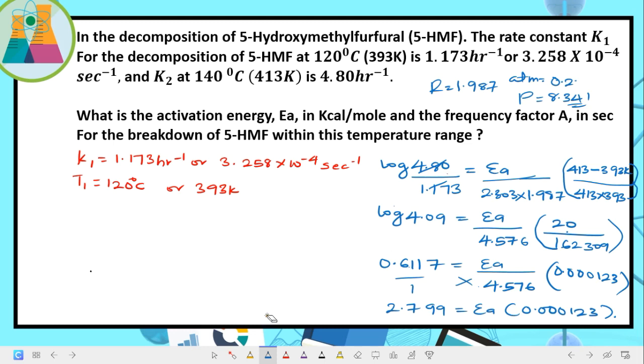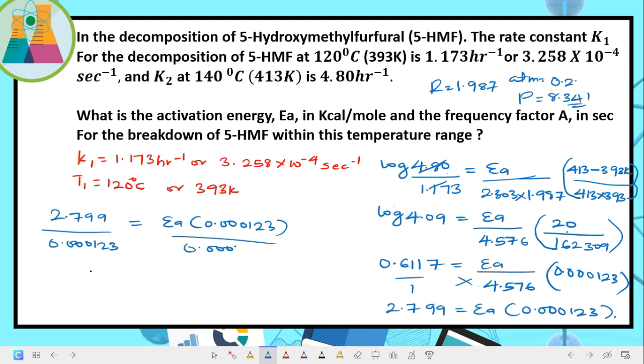So that will give us, use this to divide that, this becomes 2.799 divided by 0.000123, so as to get your EA. Then this will be EA bracket 0.000123 divided by 0.000123. What I'm doing is to cancel out this so that we can get our EA.